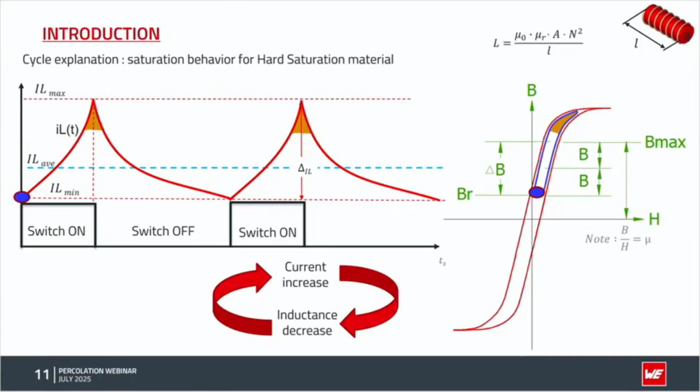If you have a hard saturation material and you go over the limit, then at that point there is a change of the ripple, but in the peak. But it's not the transition that we saw before. So we are not speaking about an influence of the change of the permeability itself in this case.